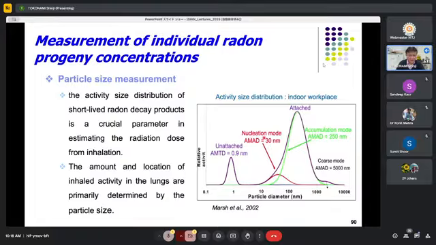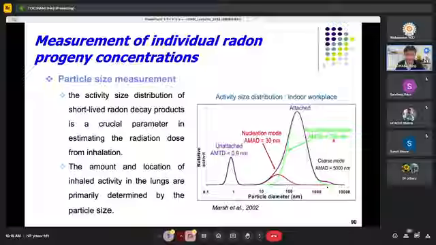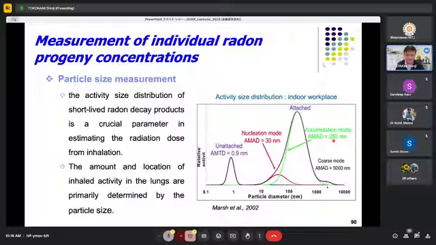Then we can find the nucleation mode particle, the activity median aerodynamic diameter is 30 nanometers here. Then accumulation mode particle, activity median aerodynamic diameter is 250 nanometers.